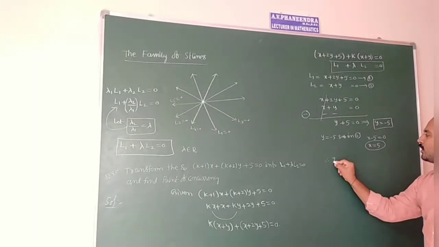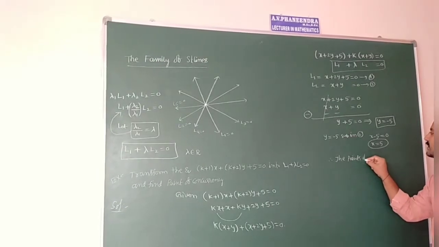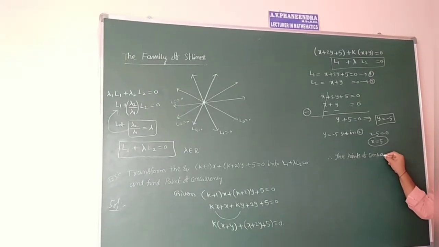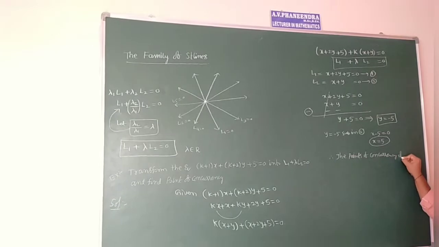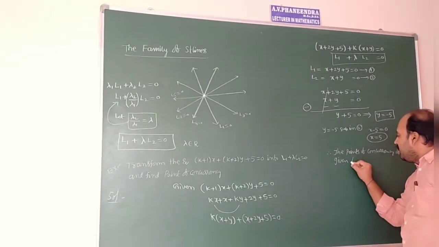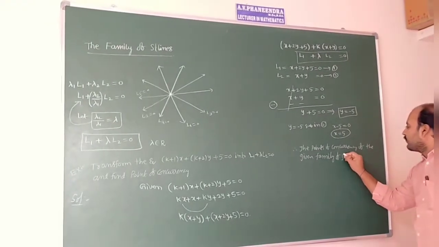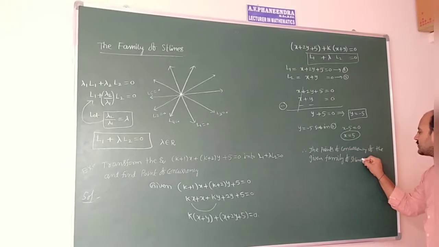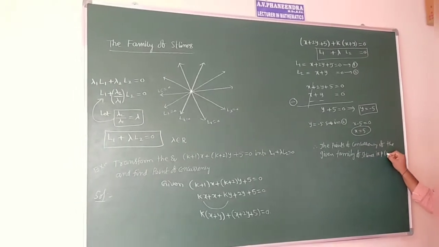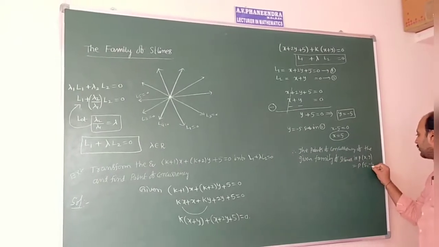Therefore, the point of concurrency of the given family of straight lines is P of x comma y, which is equal to P of 5 comma minus 5.